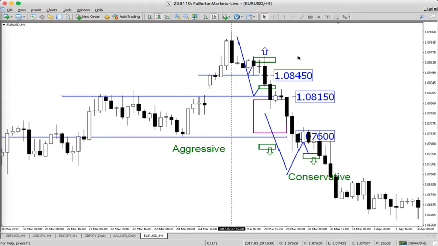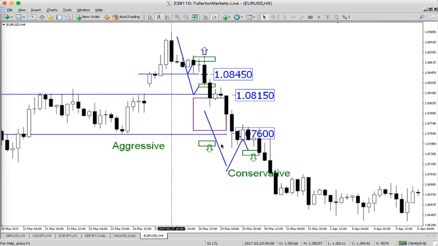So for these 2 long entries, criteria weren't fulfilled, and the next moment, price fell right through to my next suggestion for a short. I'm looking for a pending short if the candle closes in the green box.